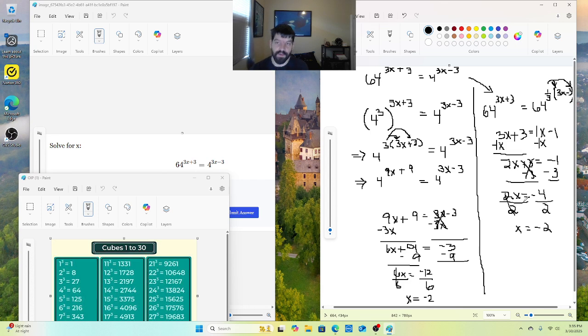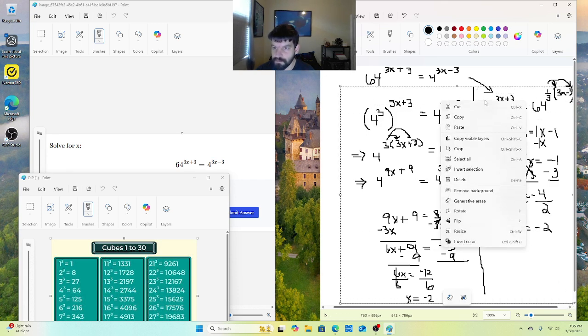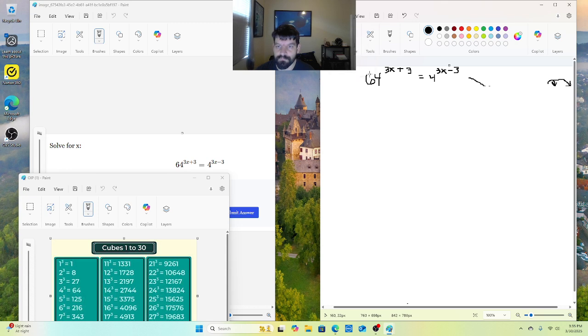Okay, so as you can see, there are multiple ways to represent it as the same base. But the next method I wanted to show you is representing these bases that are not either of each other. It's going to be a base that both are related to by exponents, and that's going to be a base of 2. So let me click erase here.